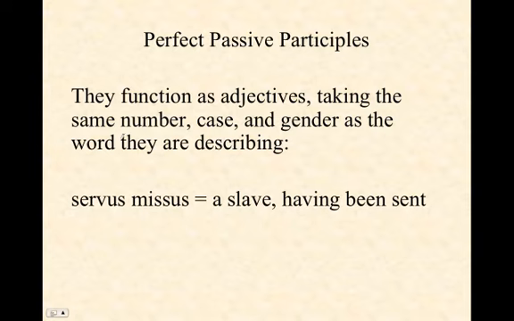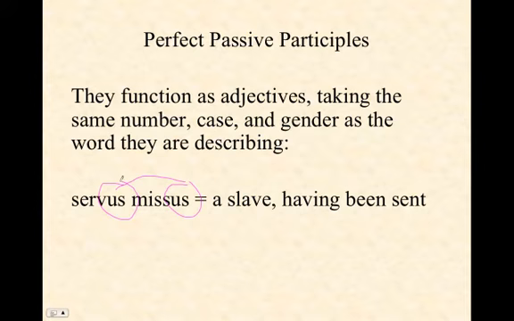And the endings of this adjective are the first and second declension endings that you know from nouns like puella and servus. And so servus missus would mean a slave having been sent. And you use the same nominative singular masculine ending to match the noun.